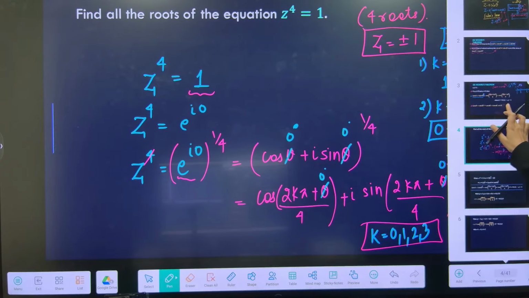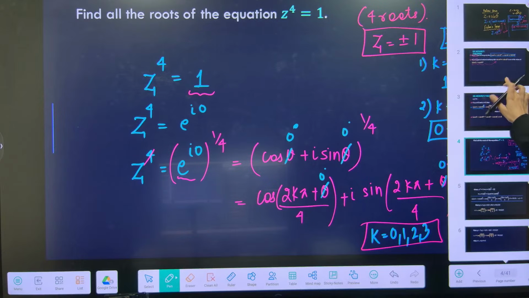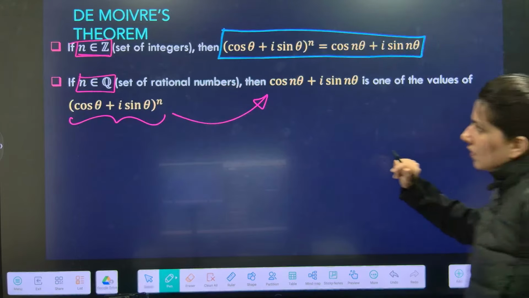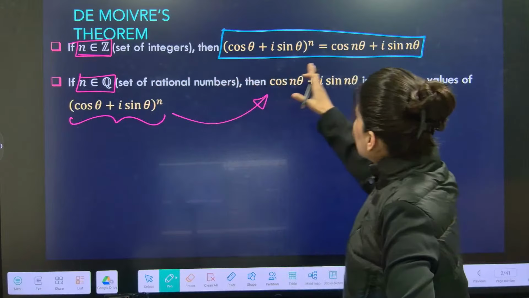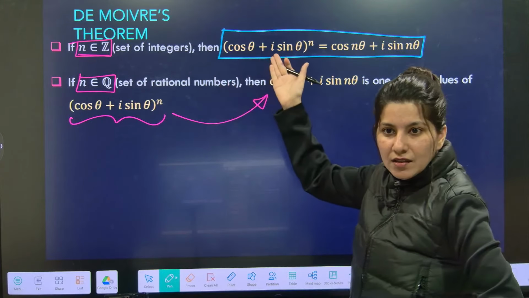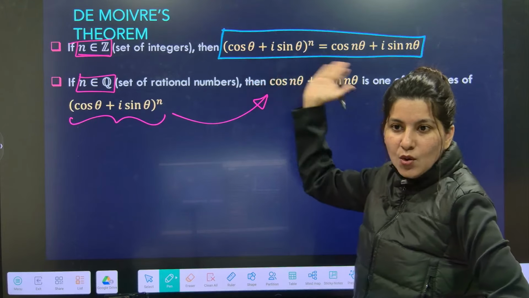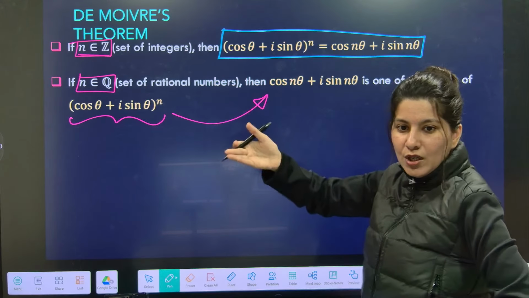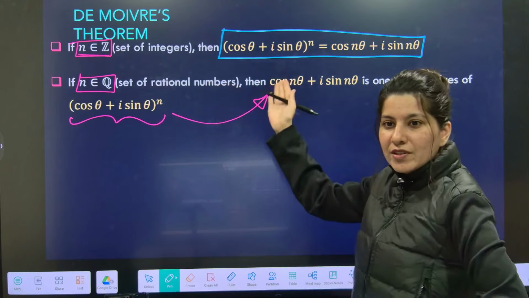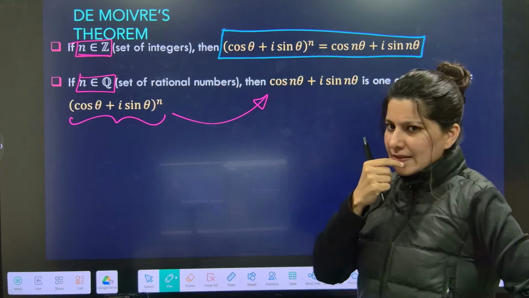But who told you that it doesn't hold? It holds for all integral n. Why do you not want de Moivre's to hold for negative n?